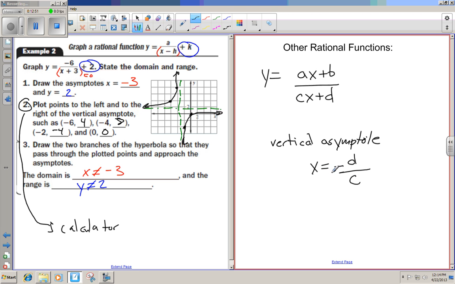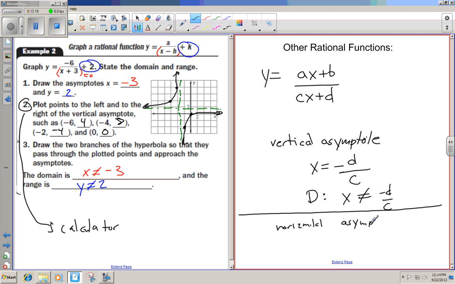So that's the asymptote. That means then that the domain is x does not equal negative d over c. All right, the horizontal asymptote is y equals a over c.